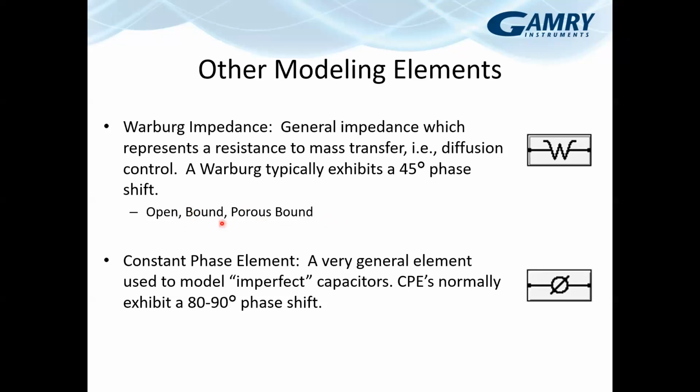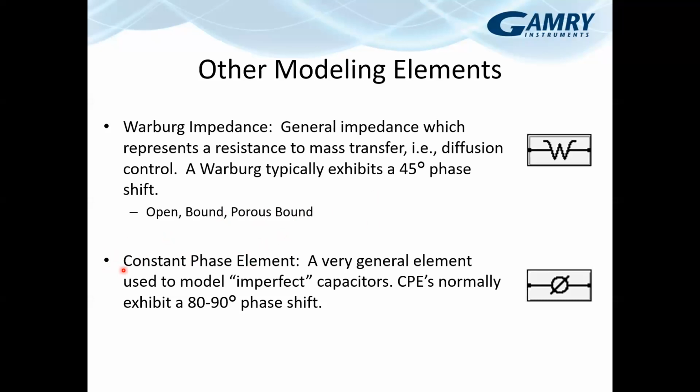And then a porous bound. This means that it can diffuse a certain distance away, at which point there is some form of transition where usually the mass transport increases dramatically. So either a gel on the surface of the electrode or a rotated disc electrode that gives you a replenished film at a certain distance away.